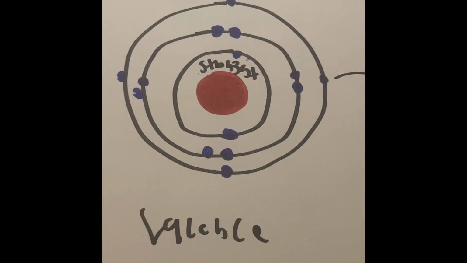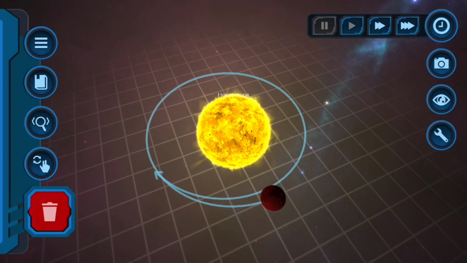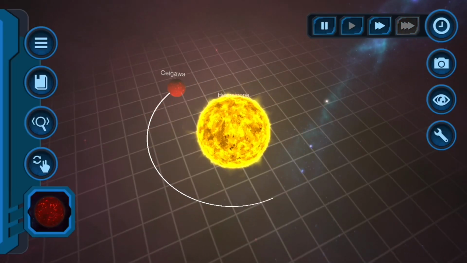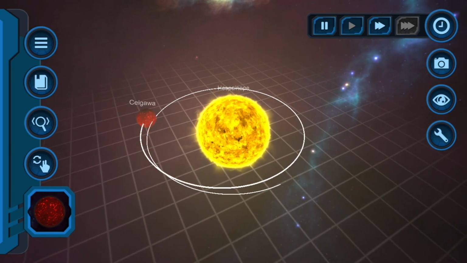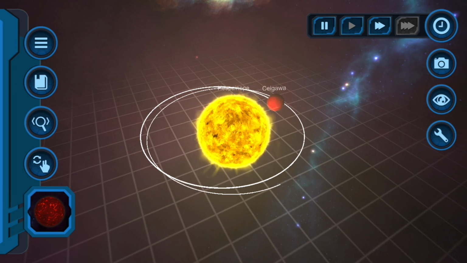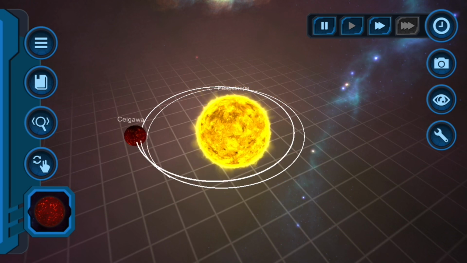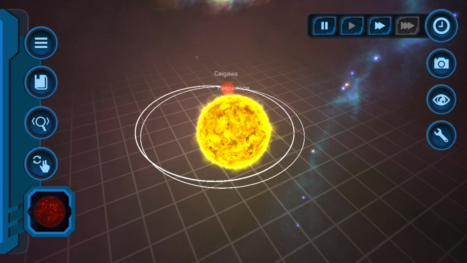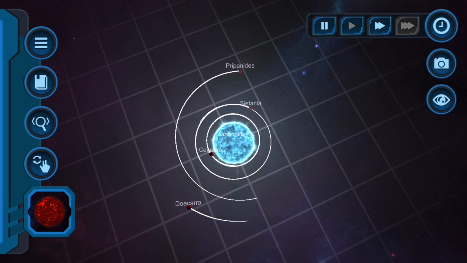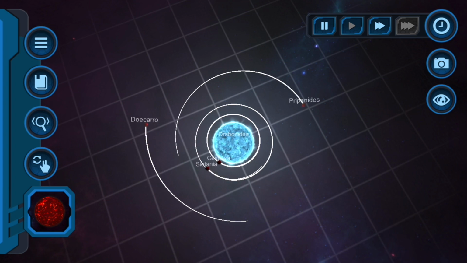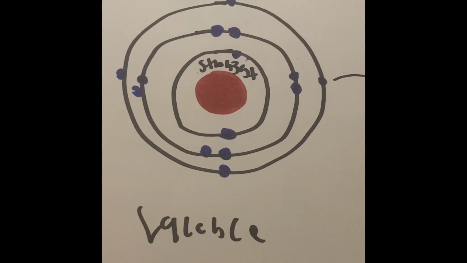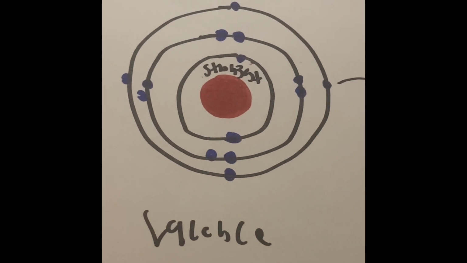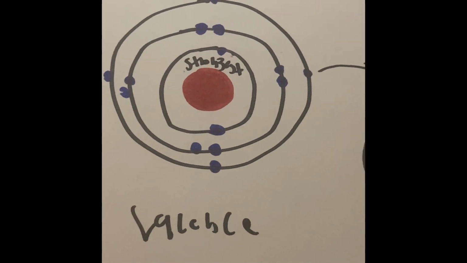The other thing is, the atom is usually bigger and its atomic radius is a lot bigger.